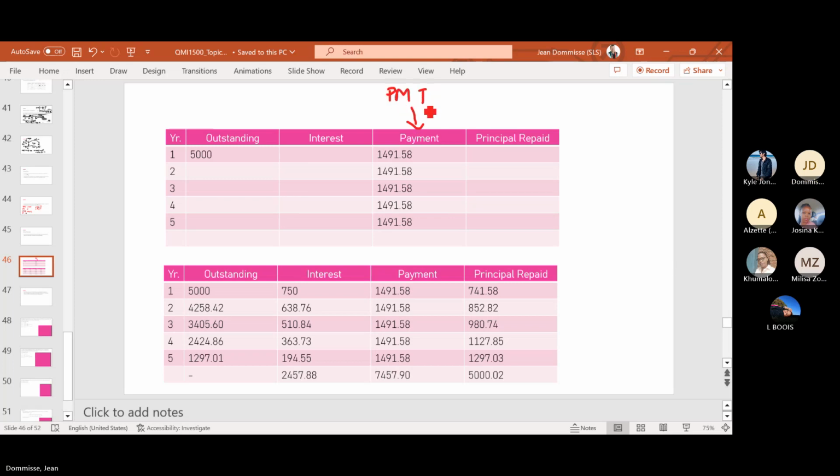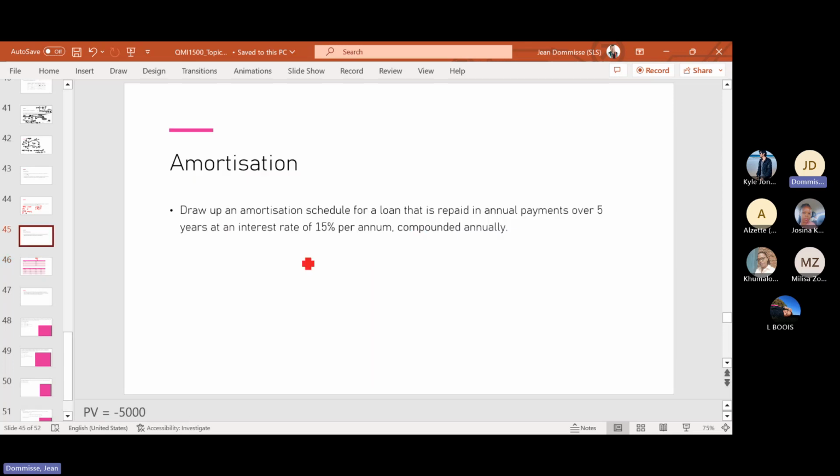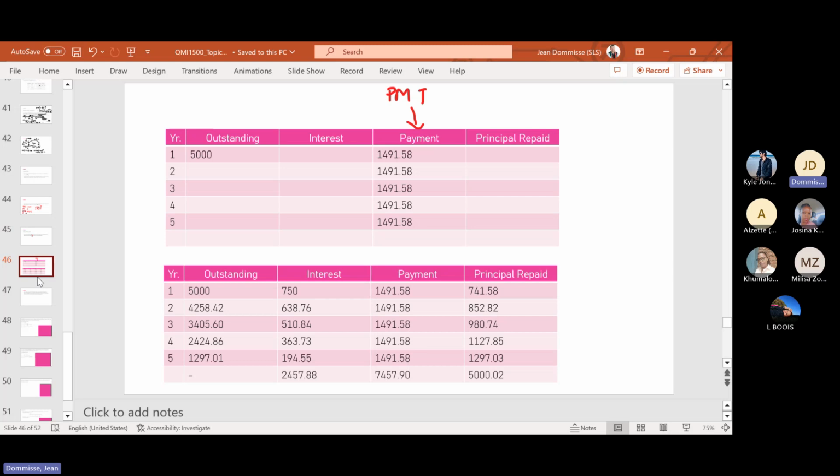So if I know my outstanding value, and there is the 15%, let's quickly go and do it. It's 5,000 Rand. It is for 5 years. It is 15%. So let's get a PMT.